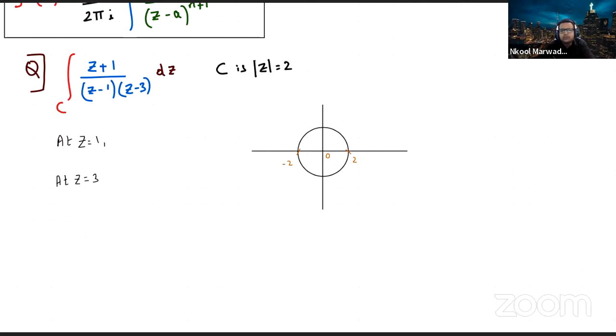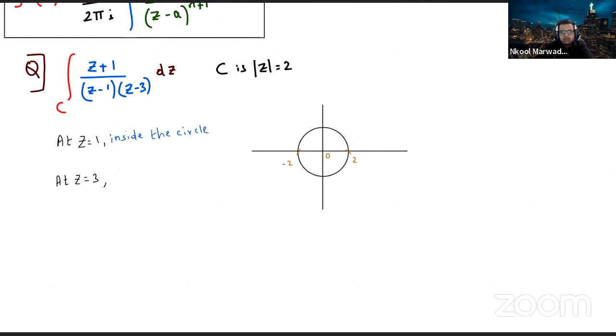At z equal to 1, since that 1 lies within this circle, integration is possible. Because at z equal to 1, it is inside the circle, so integration is possible, and we have to consider this point.